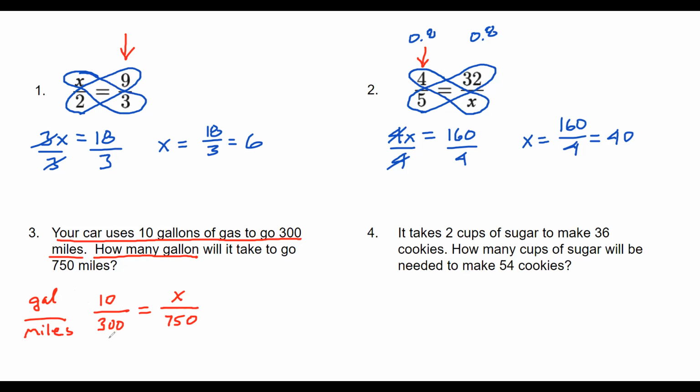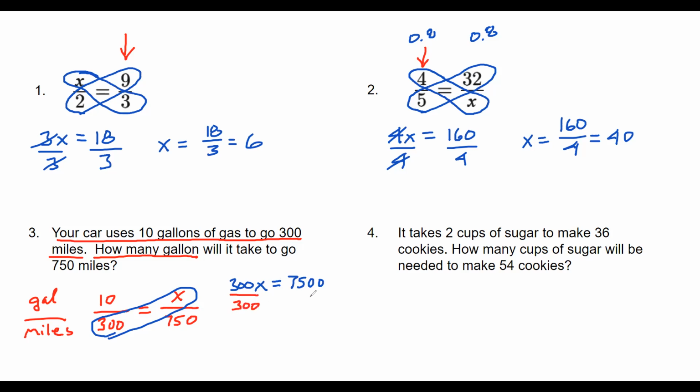We handled the word problem part of this. We have 300 times X must be equal to 10 times 750. 10 times 750 is 7,500. And then we divide both sides by what X is being multiplied by.